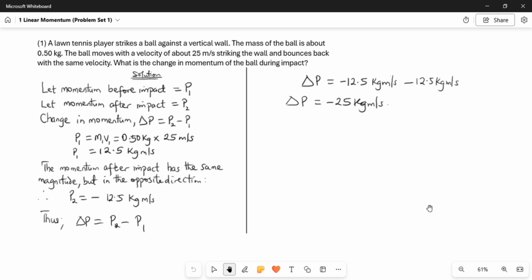So looking at this problem, for us to know the change in momentum, we have to know the initial momentum and the final momentum. Then the change in momentum will have to be the final momentum minus the initial momentum. So in this case, we say let the momentum before impact be P1.